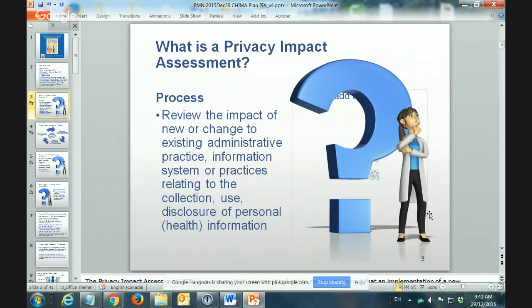A privacy impact assessment describes the information flows in the project, identifies the legal authorities that allow for the flow of information, assesses potential impacts and the risks to privacy, and identifies mitigation strategies to minimize these risks.